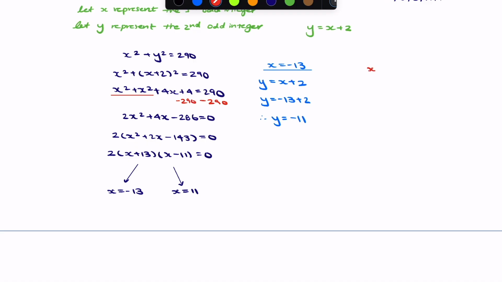Here, if x is equal to 11, then we have y is equal to x plus 2, y is equal to 11 plus 2, and y is equal to 13.